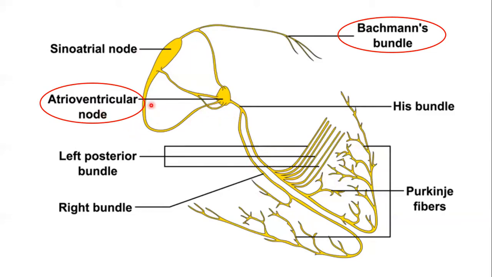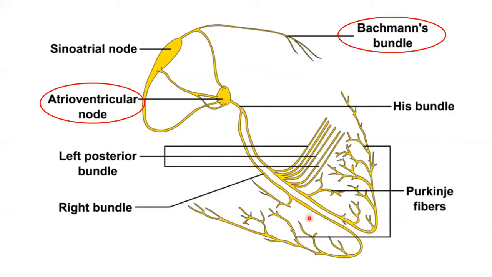Then this AV node further extends into the His bundle. The His bundle receives the impulse from the AV node, and it divides into two nerves, each covering one ventricle. So it is divided into left and right ventricle nerve fibers.